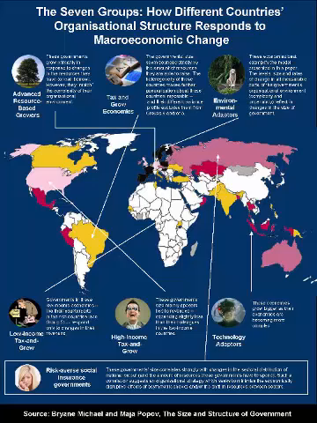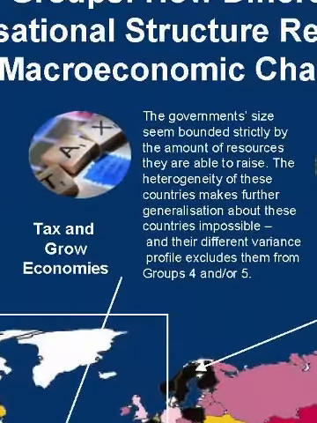Turning our attention to Group 2, which are the TaxGrow Economies, we find that these groups of governments' size seems to be bound by the amount of resources that they raise. However, the heterogeneity of these countries makes generalization almost impossible about these governments.